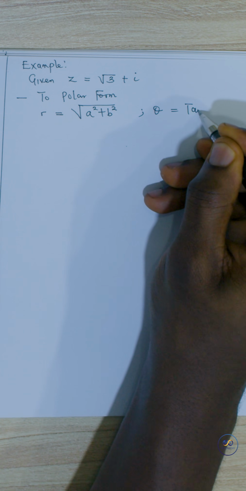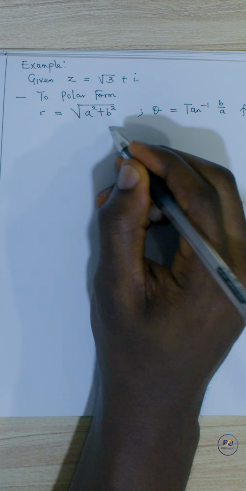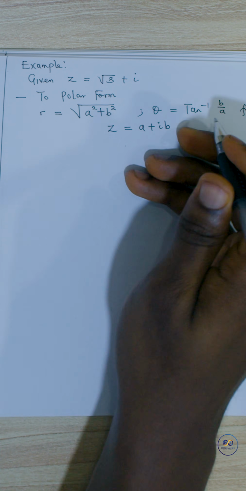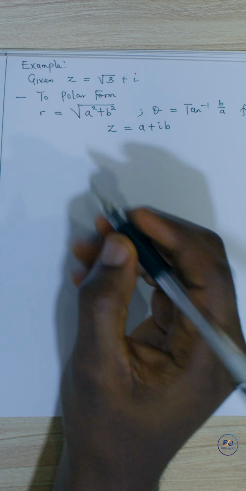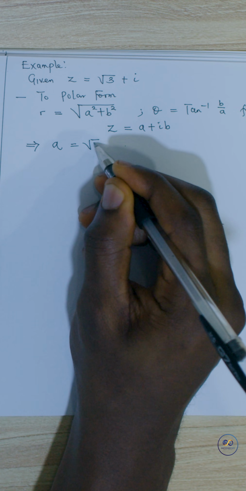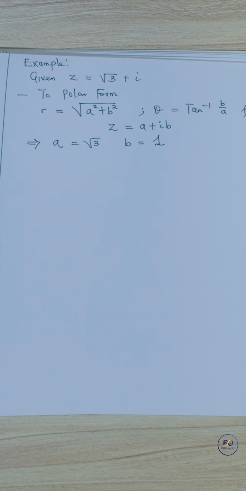is the tan inverse of b over a for a complex number in the form a plus ib, which means that if we compare coefficients, it implies that a is in fact root 3 from the question, and then b is in fact 1 from the question.